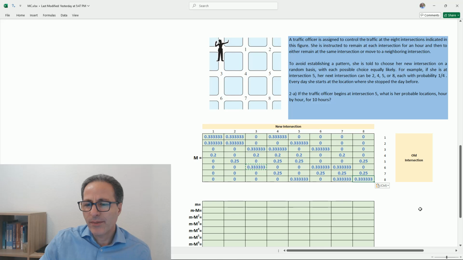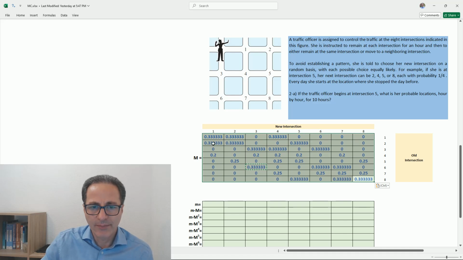Now for the next time, as I said, I'm going to give a name for this, because I'm going to use all these entries or all these data as a matrix. Then I select them all and try to give a name for that.